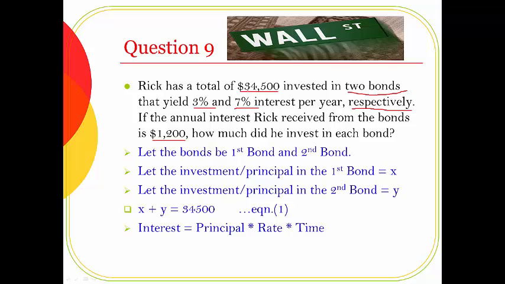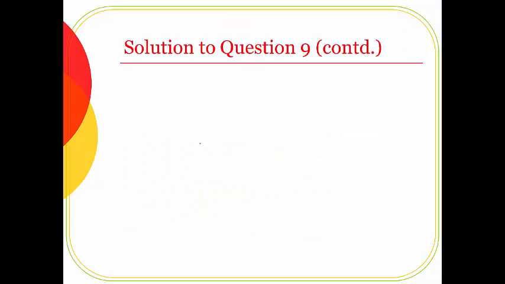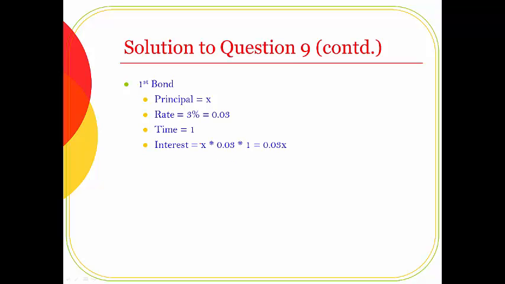Now let's go ahead and find the interest, because it says here annual interest. Now what is the formula? What is the interest formula? Principal times rate times time. So let's look at the first bond. The principal is x. The rate is 3%, which is 0.03. The time is 1 year. So the interest will be x times 0.03 times 1. That gives us 0.03x.